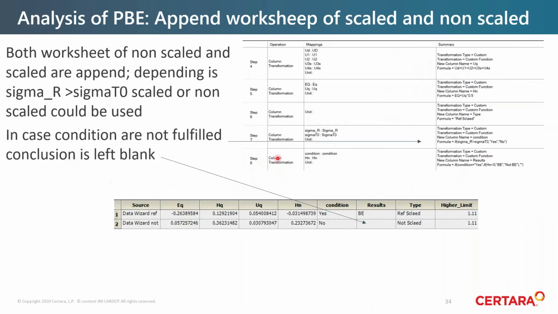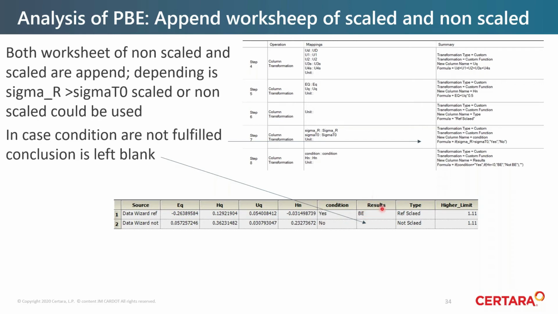So when you have it, you can calculate all your metrics. What I have done here is both calculations, with its reference scaled and not scaled. And then depending on the value that you have, I have condition fulfilled yes or no. That means the non-scaled is not fulfilled and the scaled one is fulfilled in this case.